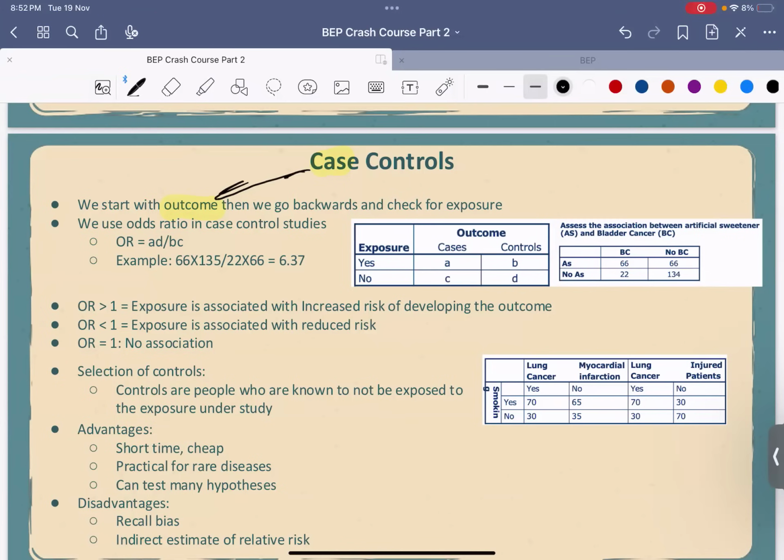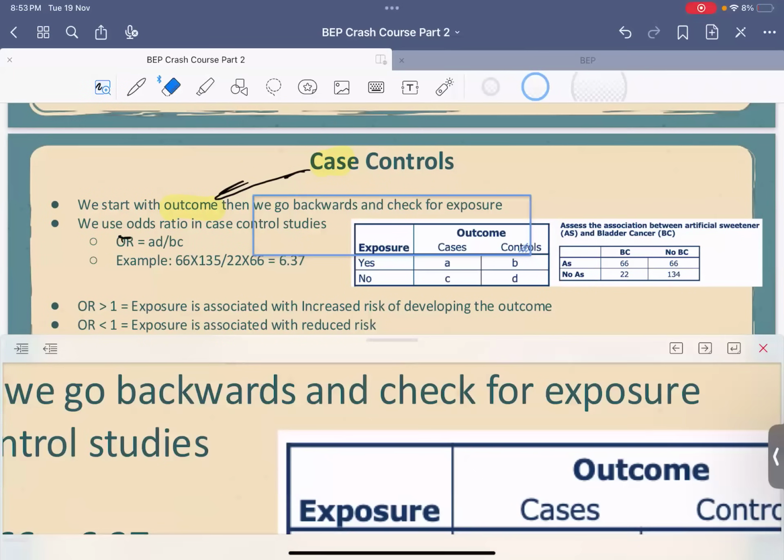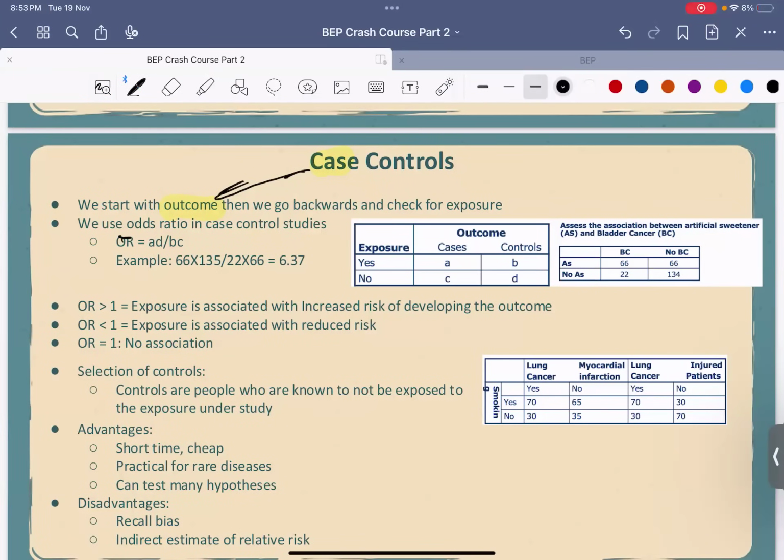And in this case, we don't use the same calculation as the relative risk. Instead, we use odds ratio. Okay, and what is odds ratio? Odds ratio is basically A times D, people who have the outcome, obviously, and were exposed, over the people who did not have the outcome.